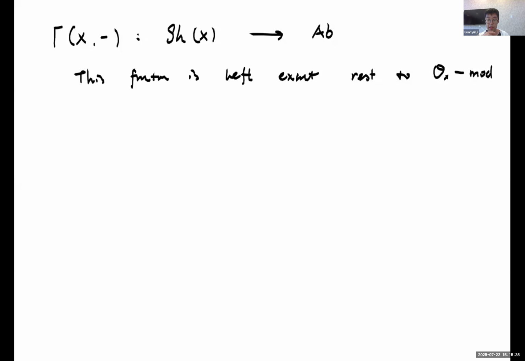So why don't we care about all the sheaves, but we care about this subcategory of OX modules? Because we already have a structure sheaf, and the structure sheaf is telling us a lot of geometric information.